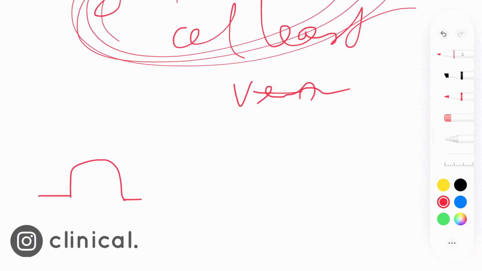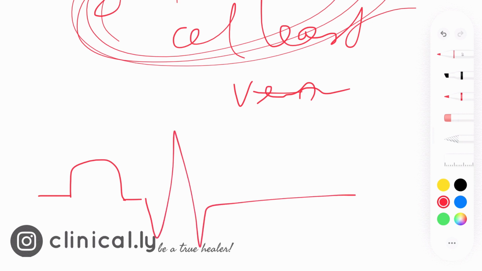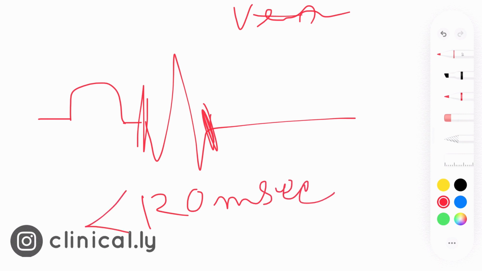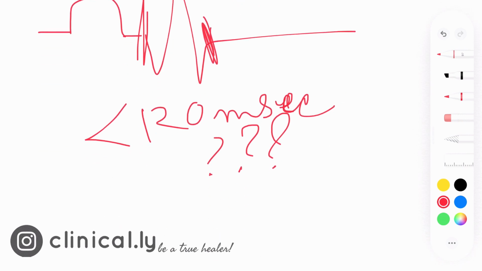But when you look at the ECG, the QRS complex is only 120 milliseconds wide, which is around 3 millimeters wide. How is this possible?